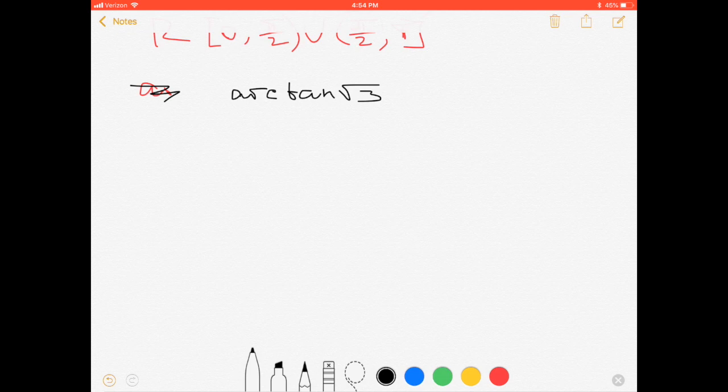Here we need to remember the angle whose tangent is square root of 3, and the angle must stay in the range for the inverse function. How do you remember? This will be pi over 3. Great.